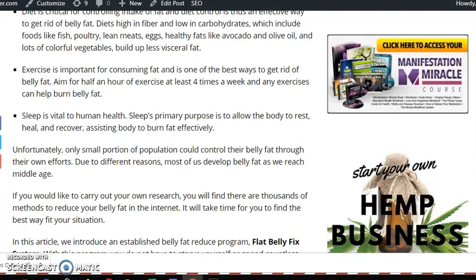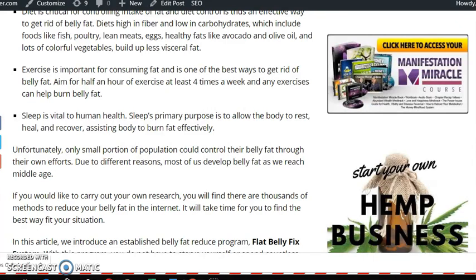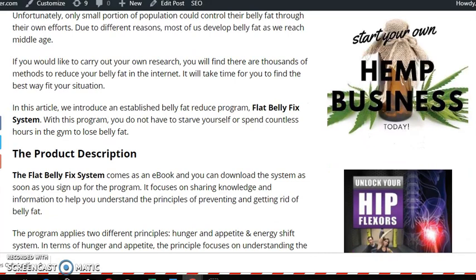Some people just inherit genes which allow them to deposit and create fat easily. And if you carry out your own research on how to reduce belly fat, you go to the internet, you will find thousands of methods, and it will take you time and effort to find the best way that fits your situation. You need to try different things by trial and error.